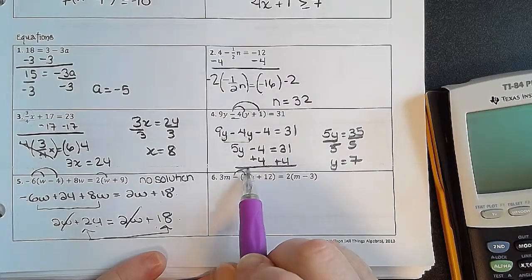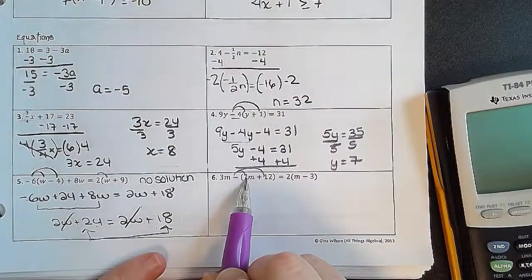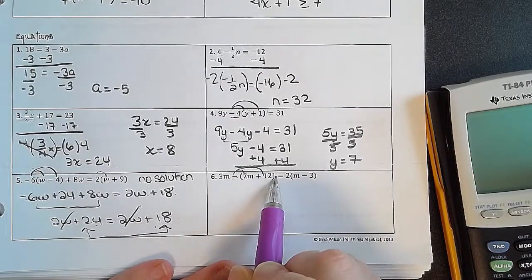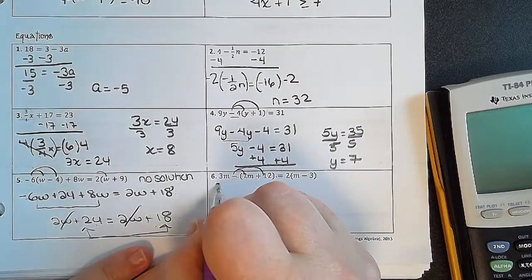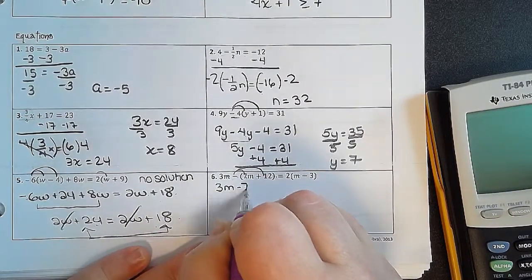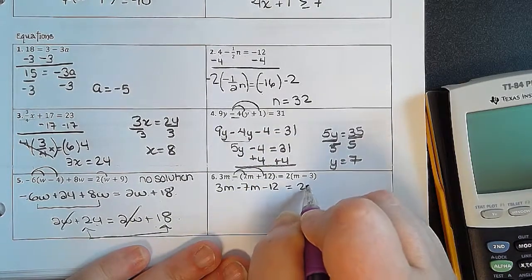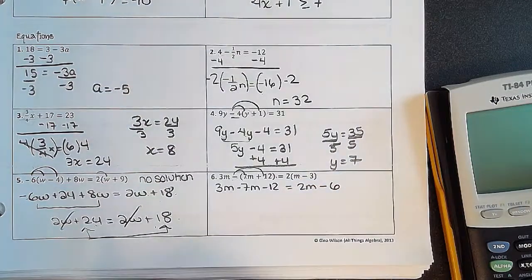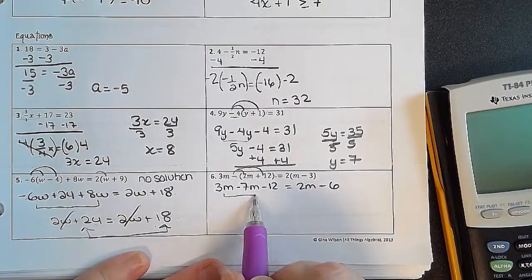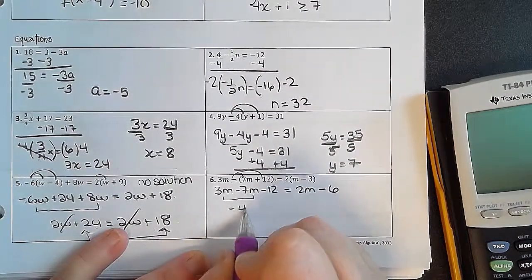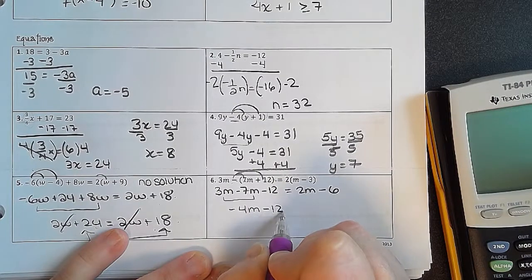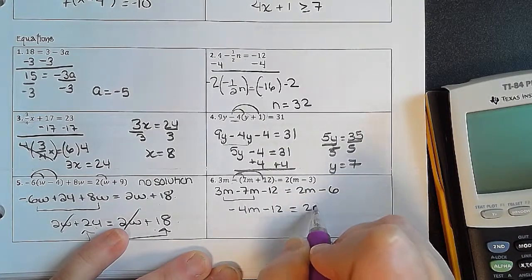Okay, so let's try the next one. Don't forget to distribute this negative. You're multiplying everything by like a negative 1. Okay, so it's 3m minus 7m minus 12 equals 2m minus 6. Combine your like terms. You've got negative 4m minus 12 equals 2m minus 6.